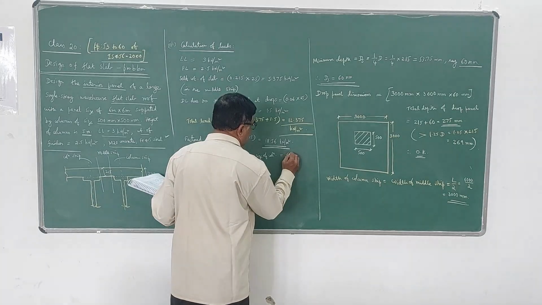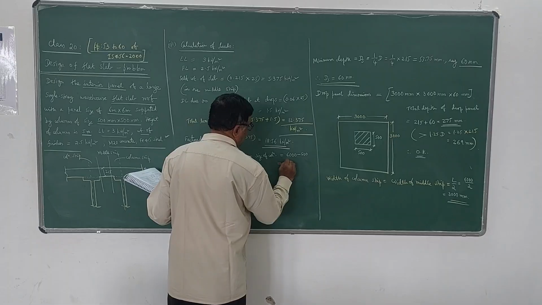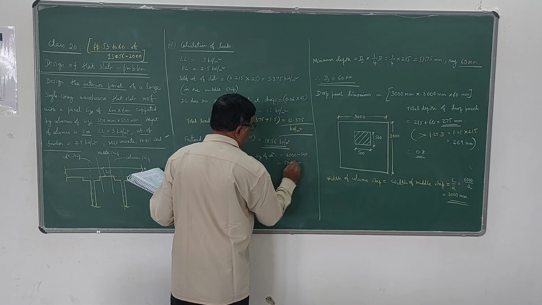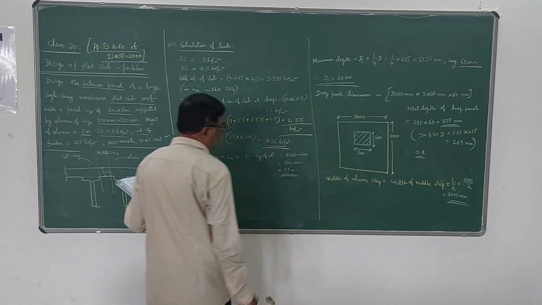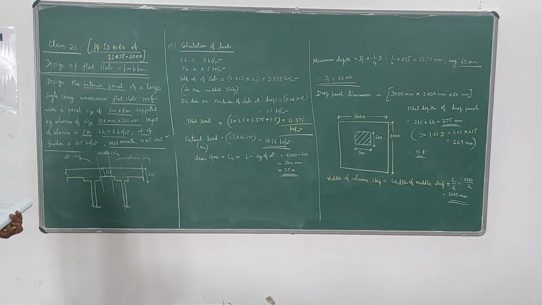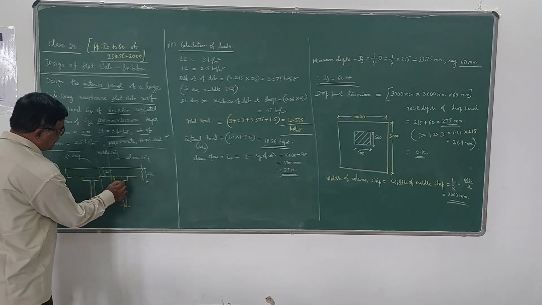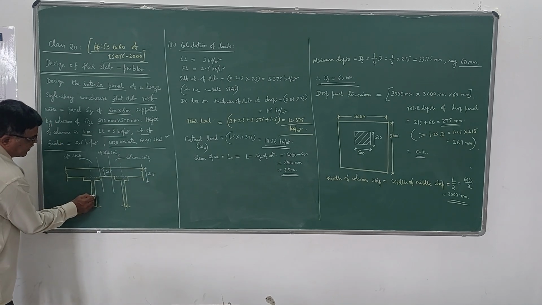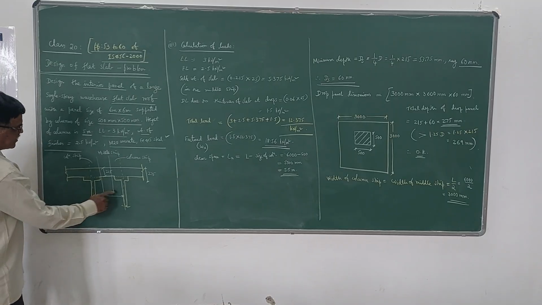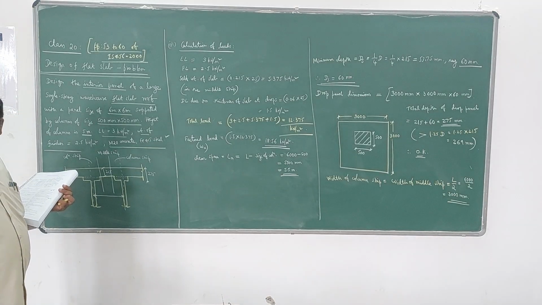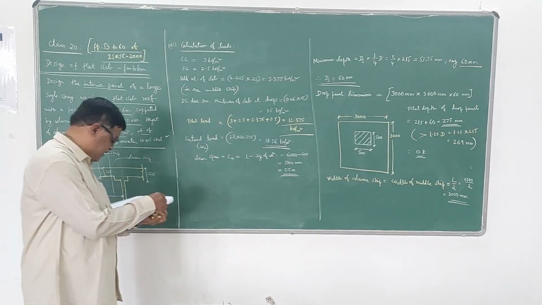The L is 6000 mm. Size of column is 500 mm. So 5500 mm, or it is 5.5 meters. So clear span in case of flat slab is this. So we have to deduct this portion. I can show it here like this. This is your L. So L minus size of column. Okay, this is the clear span.